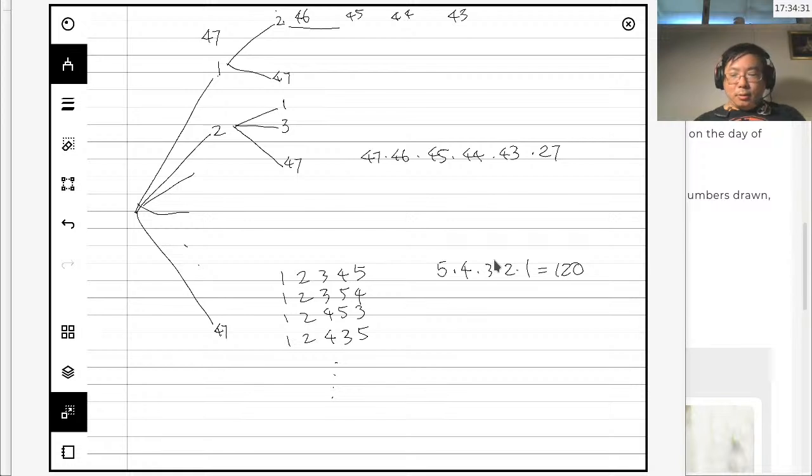But the idea is, given that we have 5 unique items, there are 120 ways to arrange those 5 items around, okay? So that means I can now reverse the whole process and go like, hey, this number is representing the order dependent ways of taking 5 things out of 47, but since ordering is not important, that means I have to divide it by 120. Does that make sense?